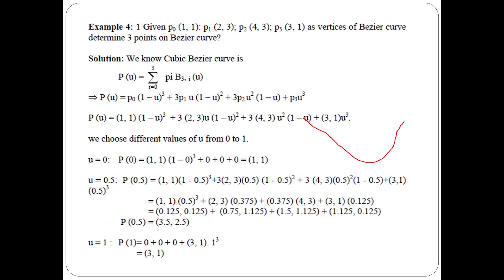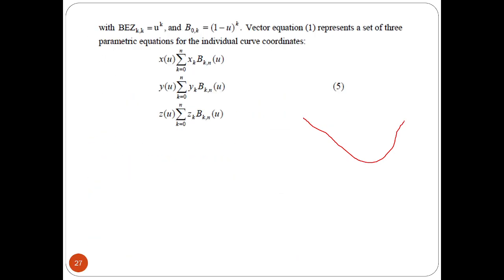These are the properties, and these are the main equations of the Bezier curve, that is x(u) = sigma k = 0 to n of x_k B_k,n(u), y(u) = sigma k = 0 to n of y_k B_k,n(u), z(u) = sigma k = 0 to n of z_k B_k,n(u). So based upon the x, y, z coordinate values, we use these equations. We can get the curve values, and they will be compared to the initial values, and all the values do not go outside of the initial values.